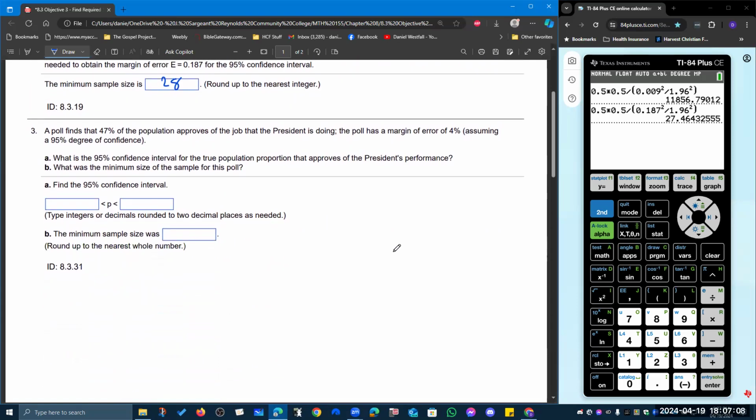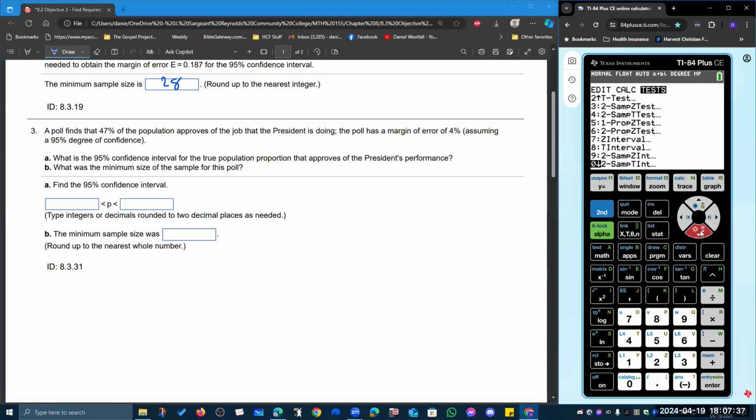A poll finds that 47% of the population approves of the job that the president is doing. The poll has a margin of error of 4%, assuming a 95% degree of confidence. What is the 95% confidence interval for the true proportion that approves of the president's performance? So let's find that confidence interval here.